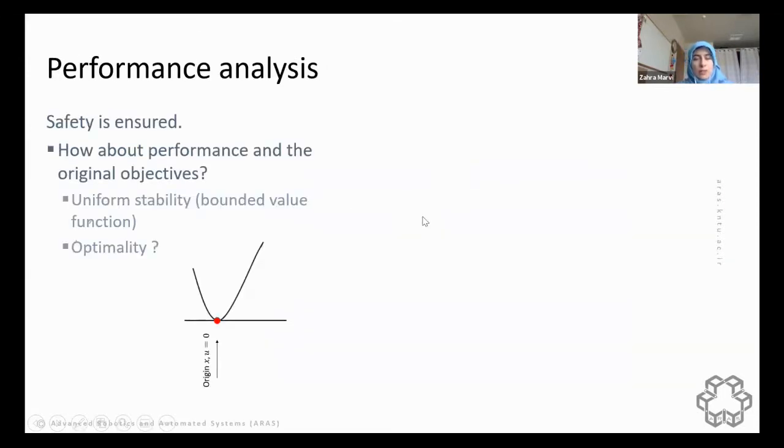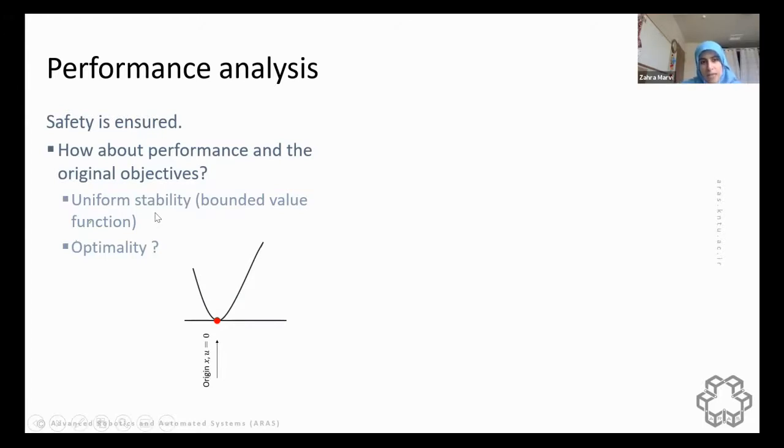Okay, so far safety is ensured, but although safety should always be prioritized, we were also concerned about the performance. We had some original control objectives that we want to achieve if the safety is ensured. Like in the adaptive cruise control problem, if there is no front car and no heavy traffic, we want the car to drive at a desired speed.